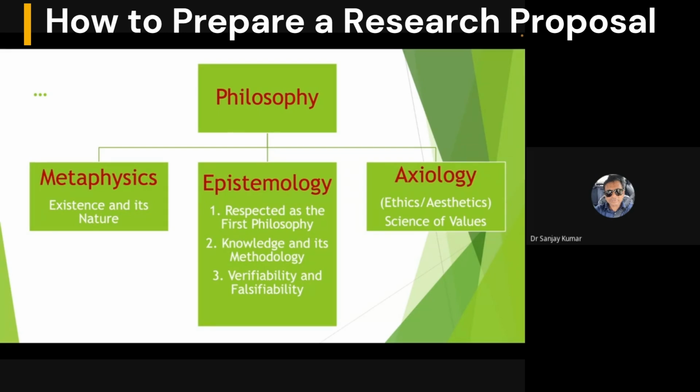Now, if you trace the journey of philosophy, most of the ancient philosophers were focused on metaphysics, or you can say obsessed with metaphysics. And in this sense, Aristotle called metaphysics the first philosophy.